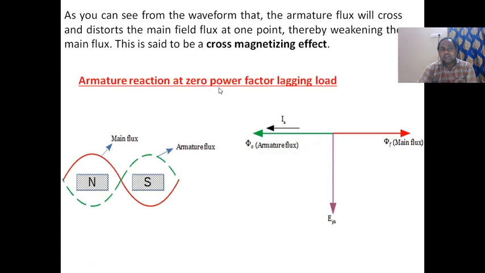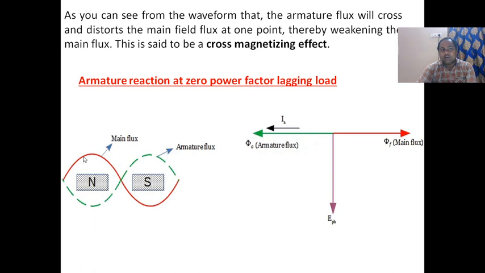Armature reaction at ZPF lagging load. ZPF means zero power factor lagging load. Please see that one. So E phase. The current is 90 degrees from the E phase. This is the main flux, and the armature flux; both are anti-phase, meaning 180 degrees anti-phase. So main flux here, armature flux here, both are anti-phase.